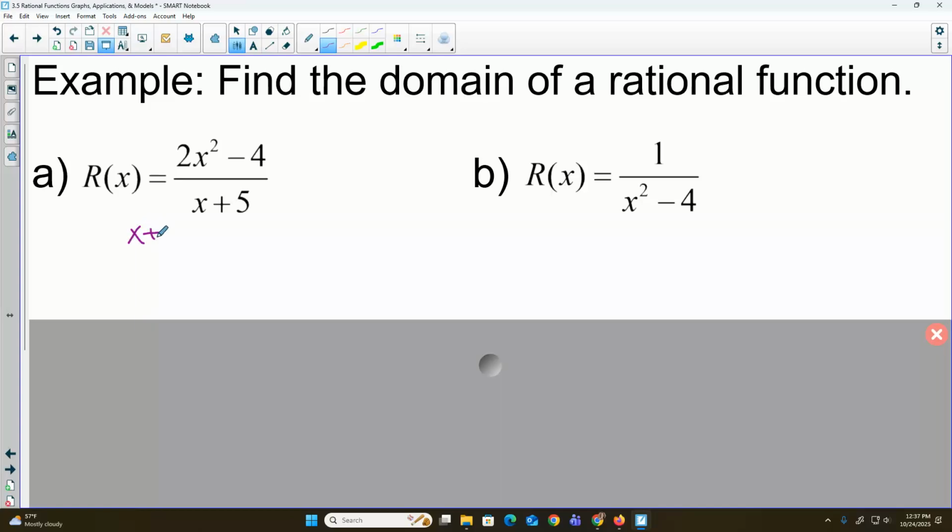We only care about the denominator. The denominator can't be 0. So that means x can't be -5. Domain tells me what x can be. So it's everything but that. So it's -infinity to -5 union -5 to infinity.